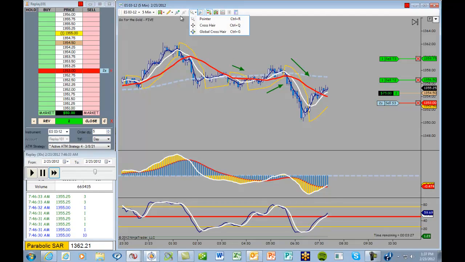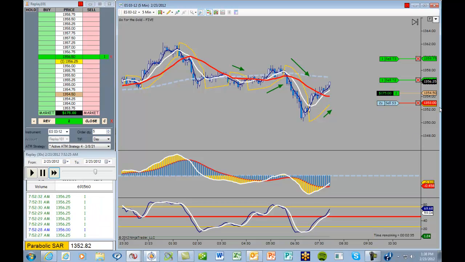Go ahead and draw our arrow about this point here. Parabolic's just about caught up to the stop and ready to go past it. Here we go.